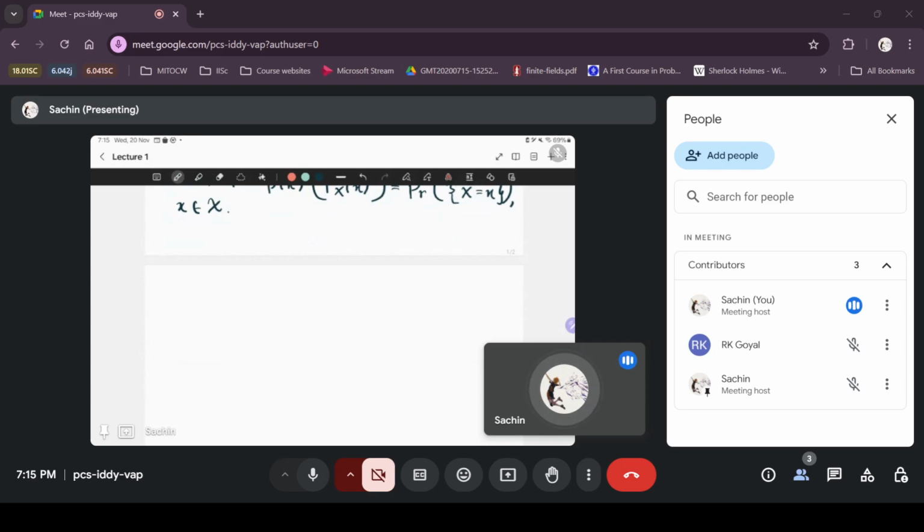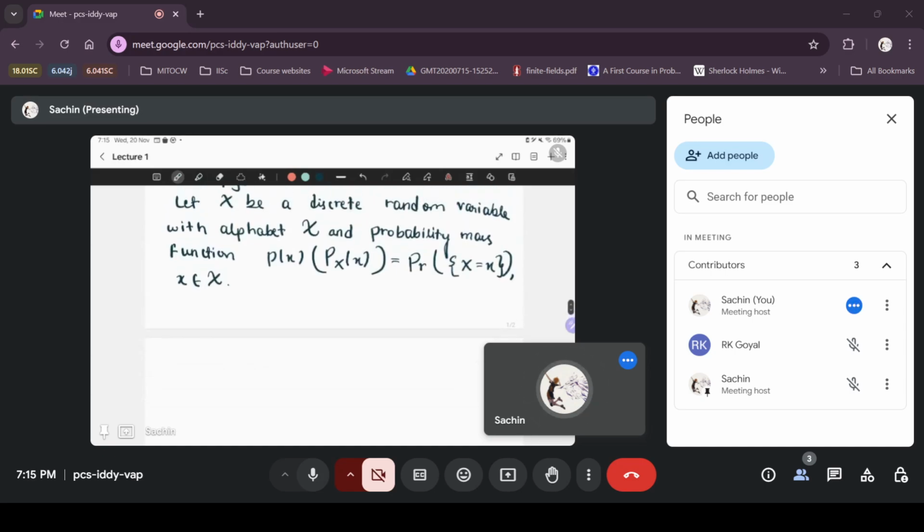So to define entropy, entropy is defined on probability distributions. So first you need to have a probability distribution. There is a random variable x which takes values in the alphabet script X, and there's a probability mass function p of x, which is the probability of the event that x takes the value small x.